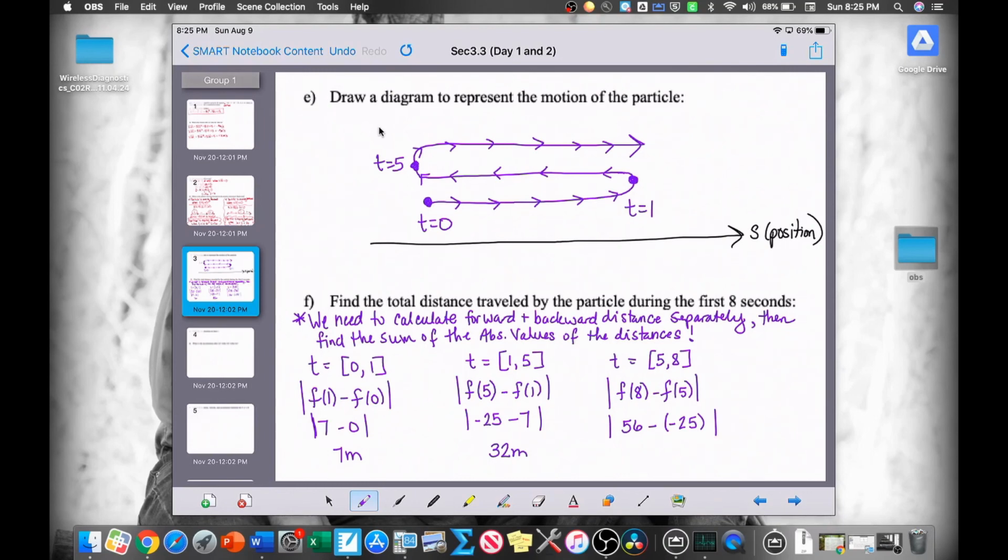So 56 minus negative 25, absolute value of that is 81 meters. So now to answer the question, we just have to add 7 plus 32 plus 81, which gives us a grand total of 120 meters. That is the distance that the particle traveled during its first 8 seconds.